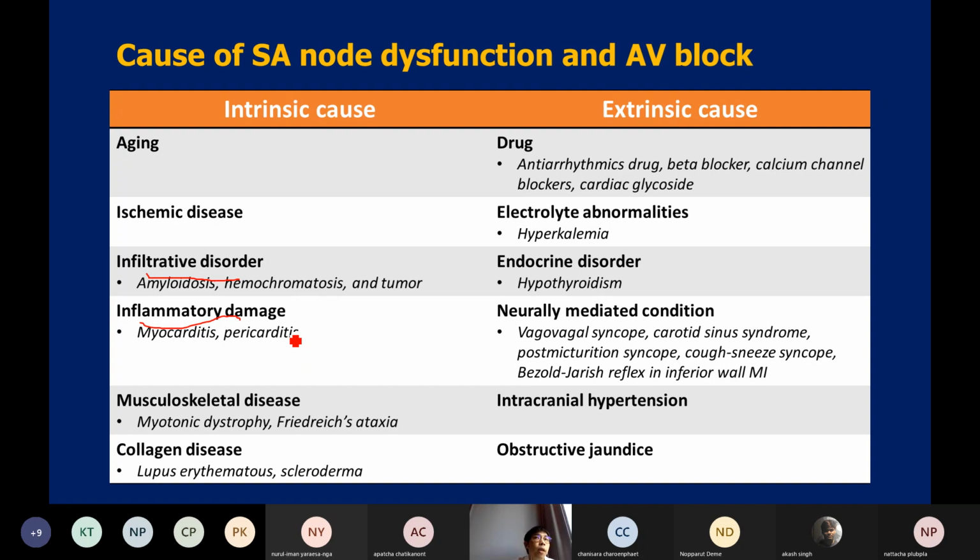But from non-invasive tests such as echocardiogram or cardiac MRI, sometimes you cannot differentiate the type of inflammation.